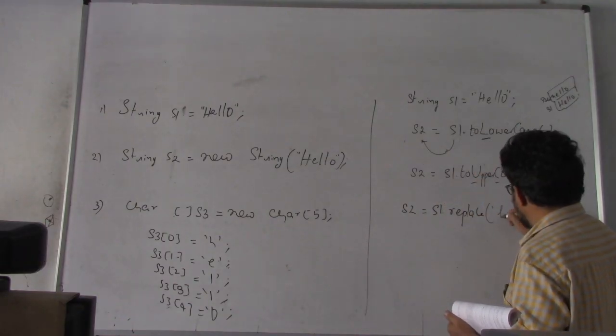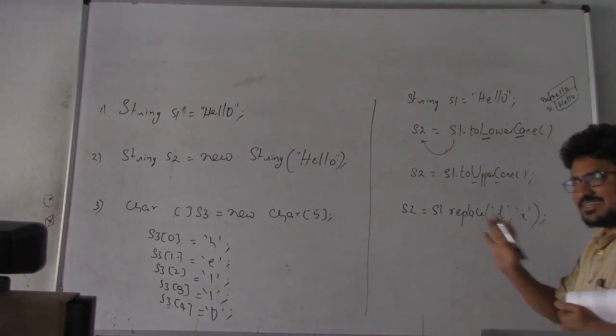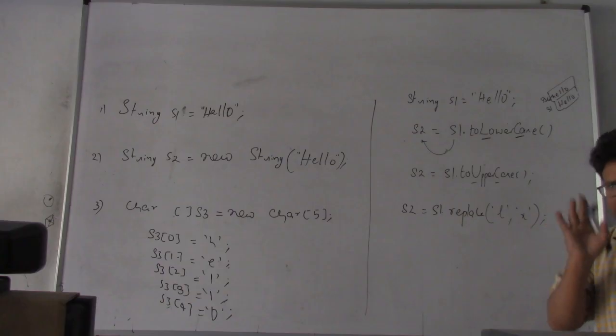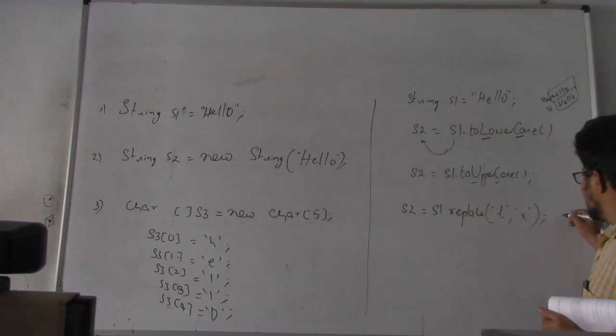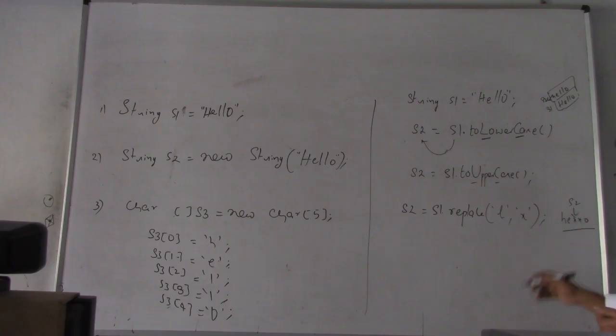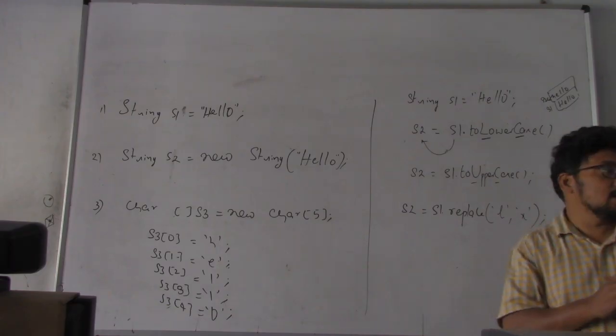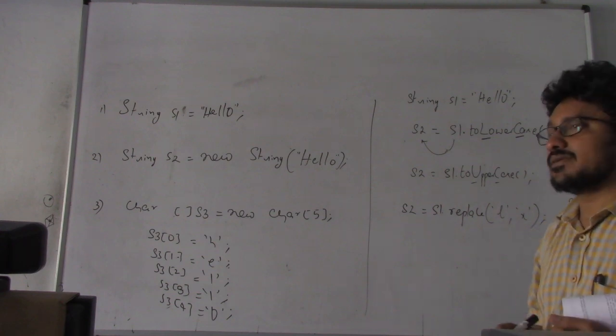For example, L can be replaced with X. It means S1 is not modifiable. S1 is fixed, but S2 will be HEXXO. Understood or not? This is S2 now. Is it clear now? S1 we cannot modify.